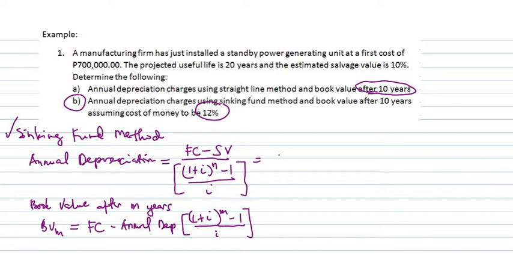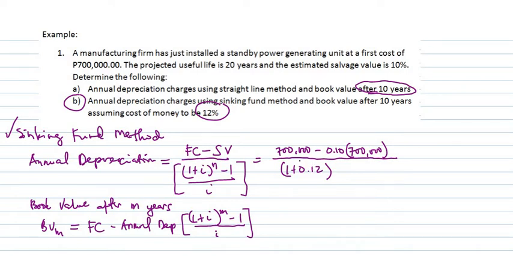Of course, our first cost is 700,000, minus our salvage value, that is 10% of the first cost, or 70,000, divided by 1 plus i. Our i here is 12%, so that is 0.12.